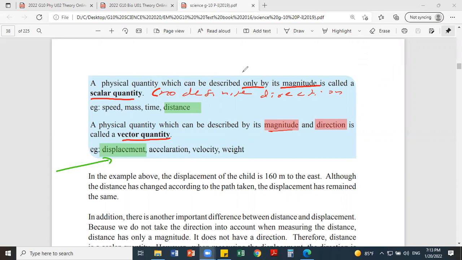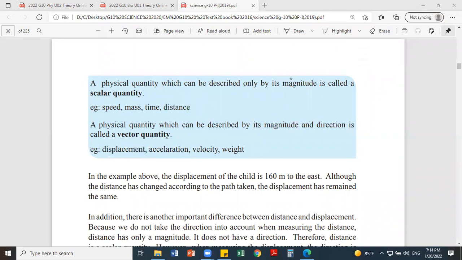Now I explain in detail what scalars are. Scalar means only the value. Value means the magnitude, so 200 or 300 or whatever. Say 100 meters, that is the value. 100 meters distance, that is a scalar. Why? Only magnitude.